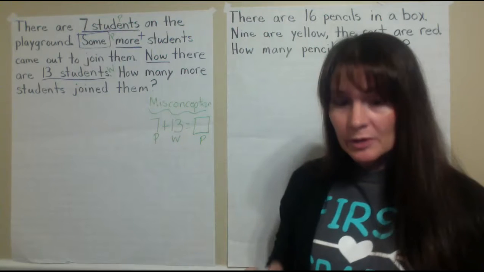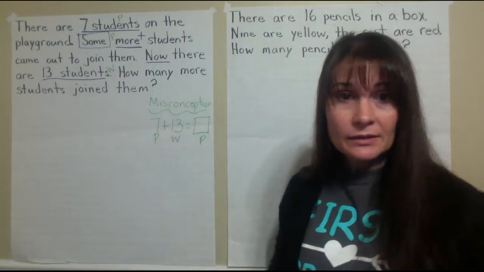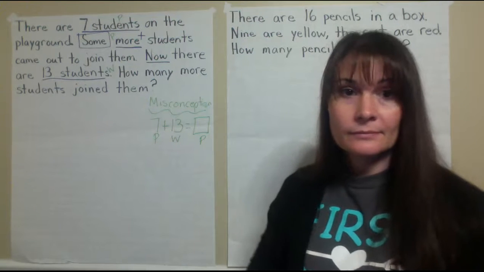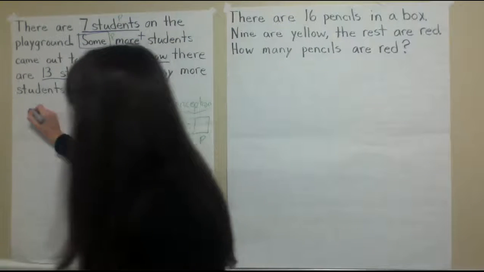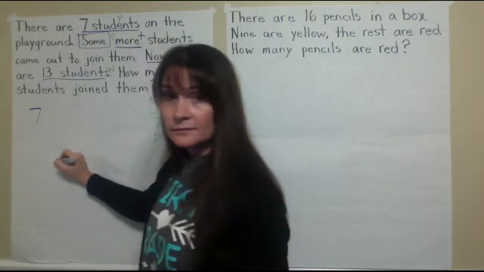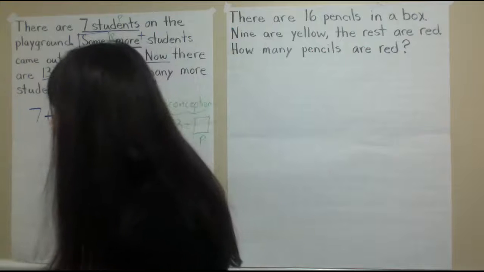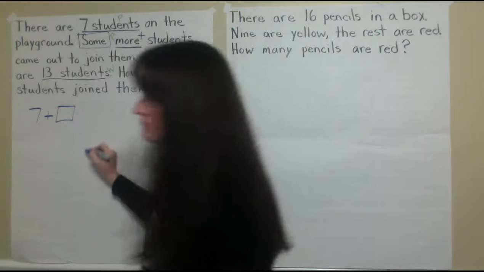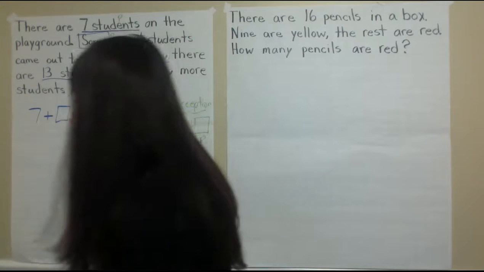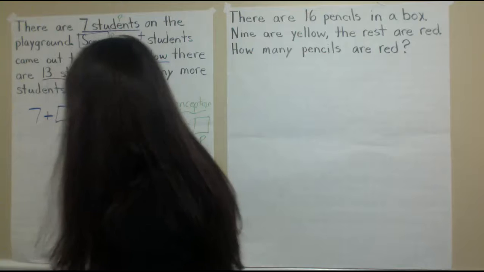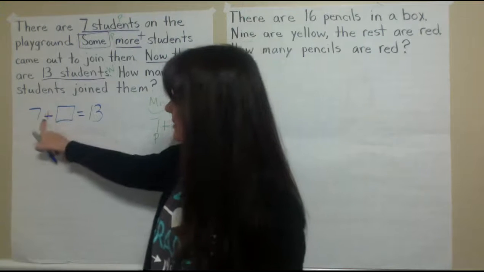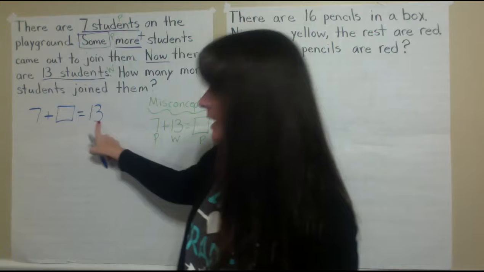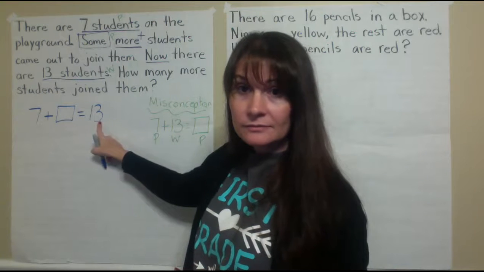So what would be the correct equation that I would need? Great thinking. Could say that there were 7 students. Some more came to join them. And now there are 13. There were 7, some more came, and now there are 13.